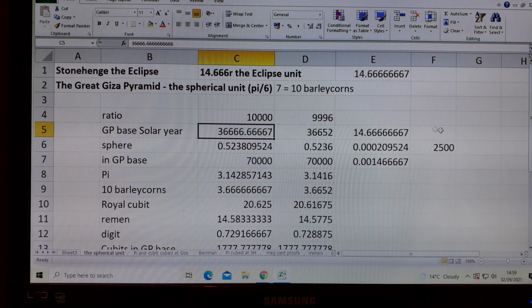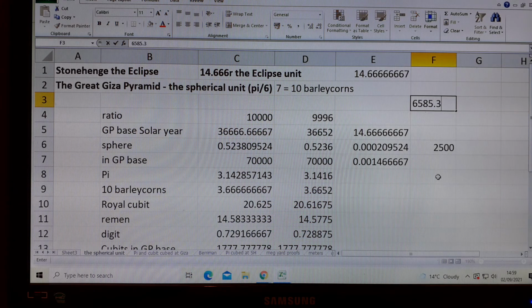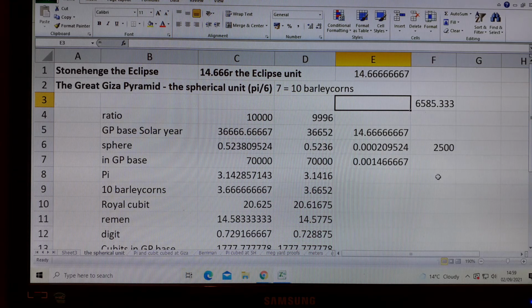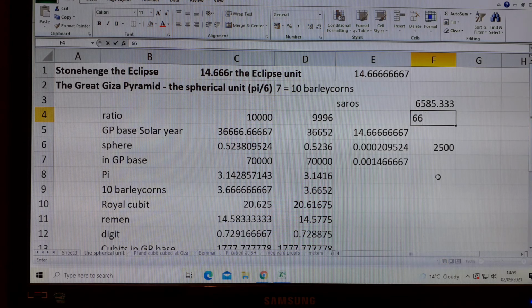And the way that we find it in the eclipse is there are 6585.3 units. That's on the NASA website. That's the Saros. And they were using 6600 in the system. So they were using an extra eclipse unit so that they could use the imperial system, 66 feet being a chain. And I've talked about this over and over again over the last few years.